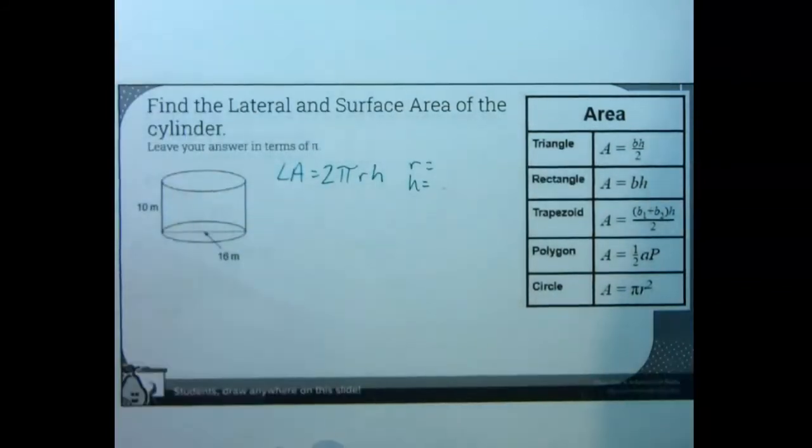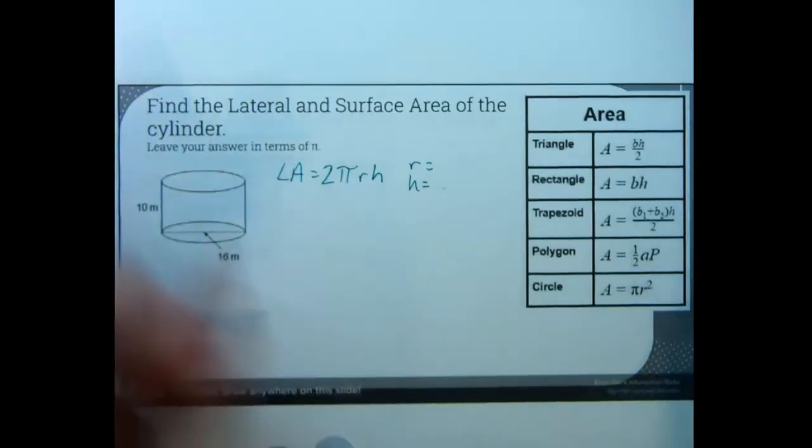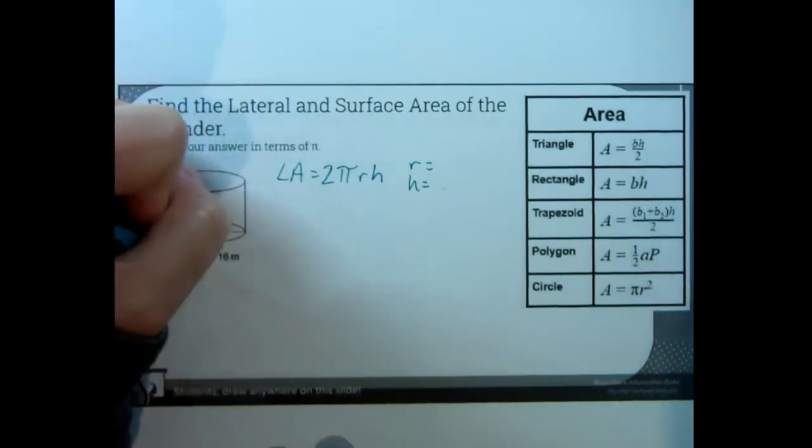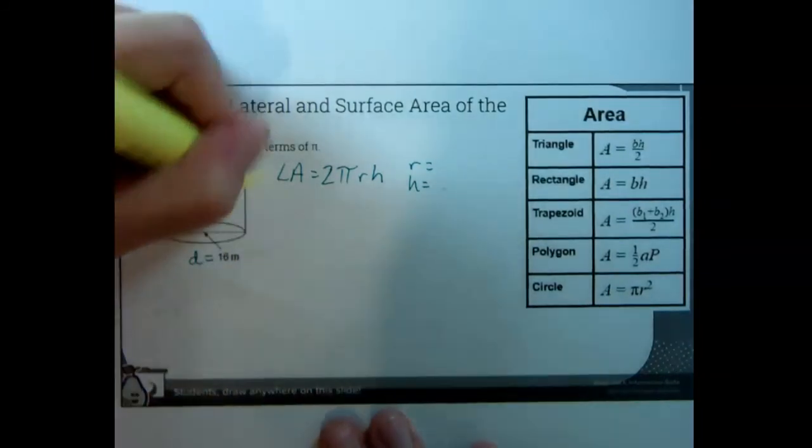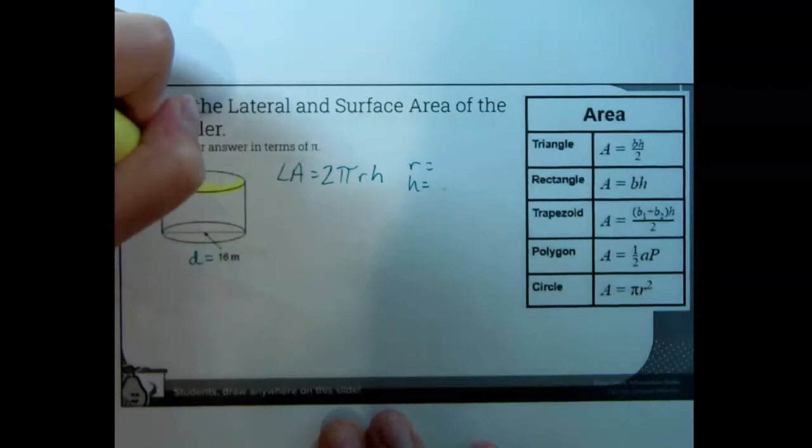Okay, so we need 2 pi r h to find the lateral area. We have the diameter. We don't have the radius. So the diameter is 16. We've got to cut that in half to find the radius.